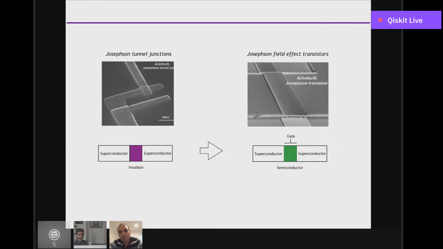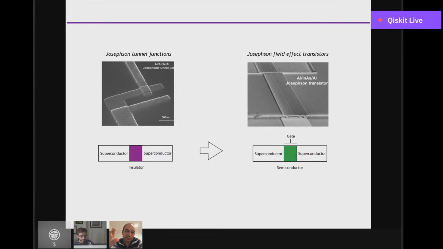So if you really zoom in at the transistor of what is basically the basic element of quantum computing, on the left-hand side, you can see a Josephson tunnel junction, which is basically the core of all the qubits, at least in superconducting qubits, right? It's basically a superconductor, an insulator, and a superconductor. It's a two-terminal device.